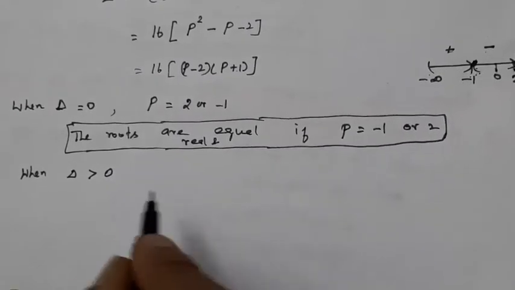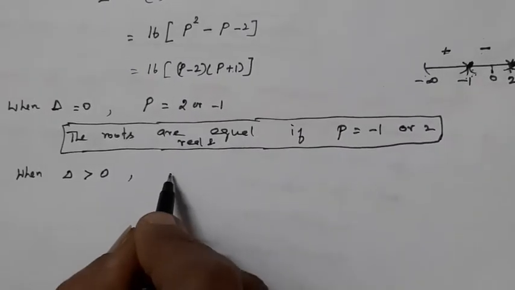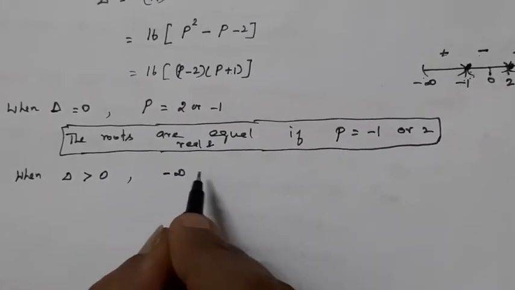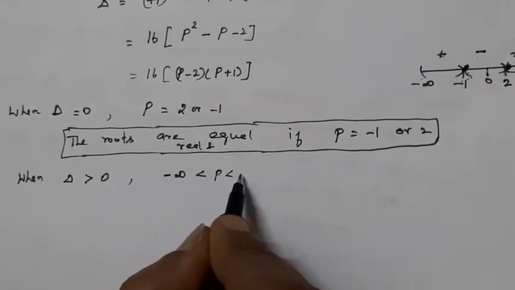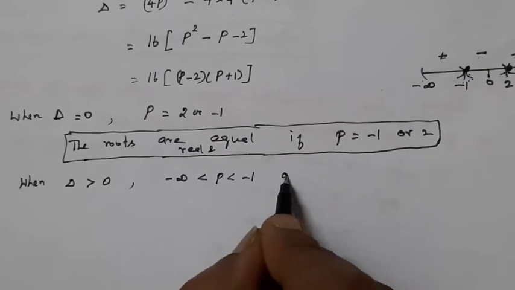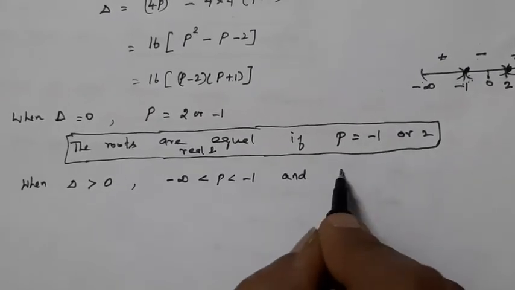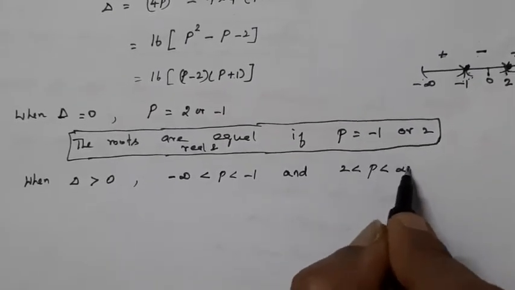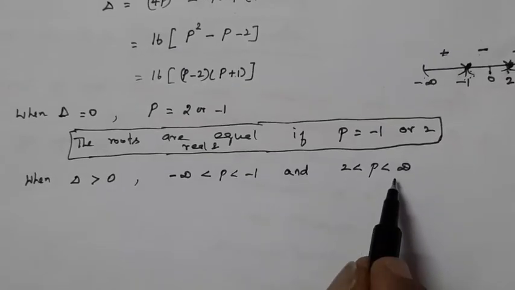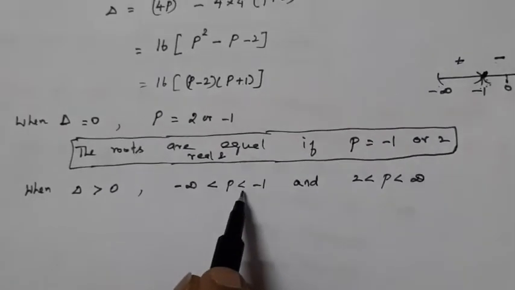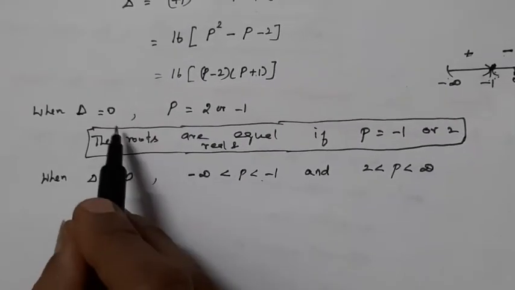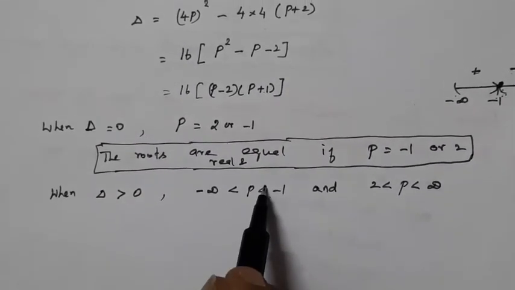Okay. So, when delta is greater than 0, minus infinity is less than p less than minus 1 and 2 less than p less than infinity. In these intervals only delta will be greater than 0. You should not put the equal to sign here because when it is equal, delta will be 0. So, that is why simply less than.